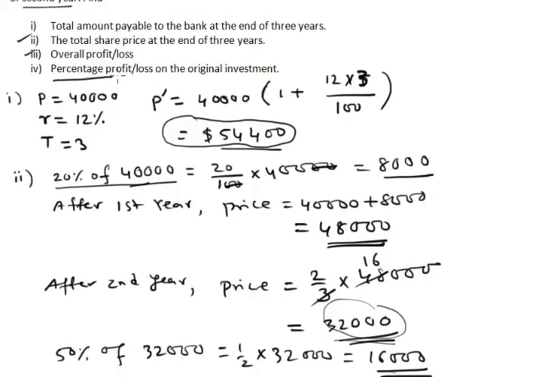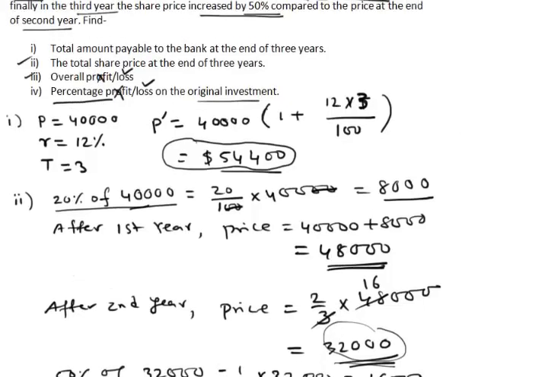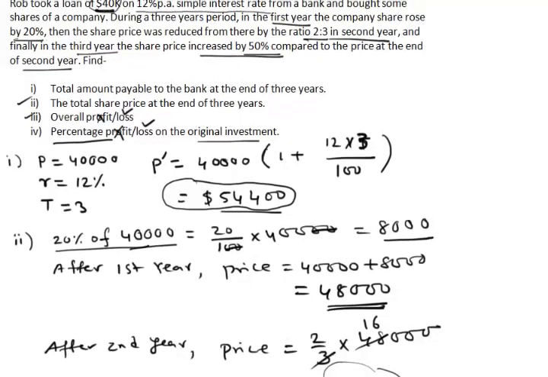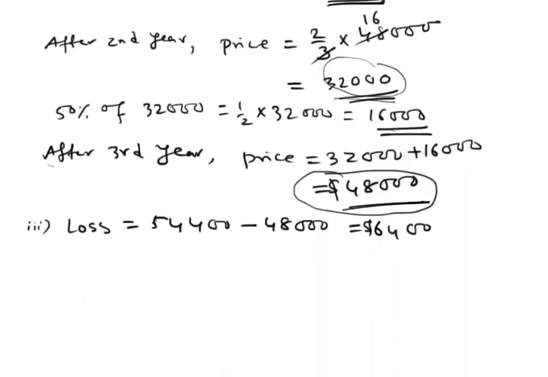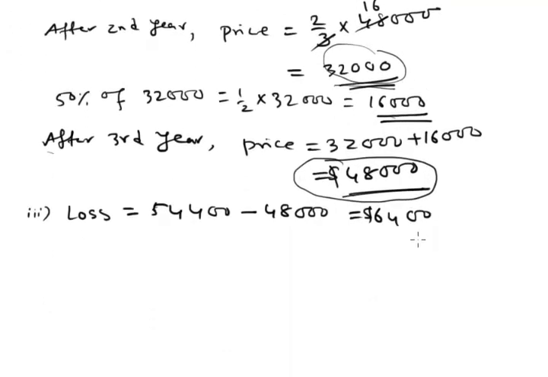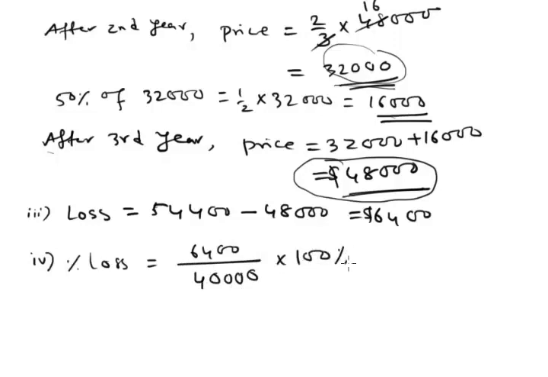Percentage profit or loss. We already know it's a loss, not a profit. So the percentage loss on the original investment. The original investment was 40,000, and on that he is losing 6,400. So the percentage loss will be 6,400 divided by the original investment 40,000 times 100%.